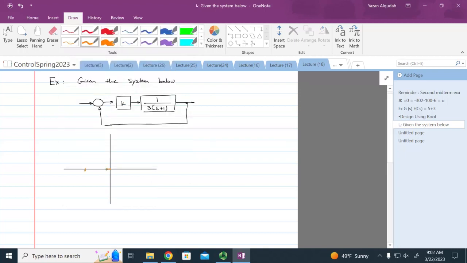This is -1. This is how the root locus looks like.